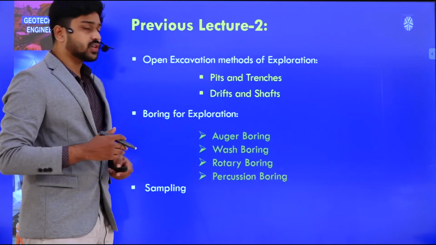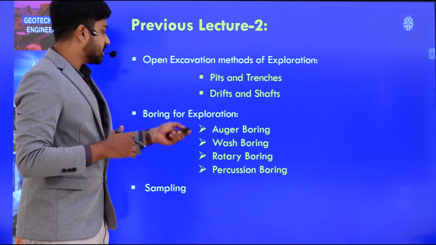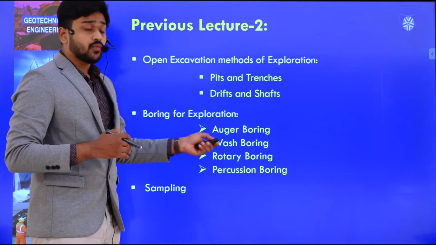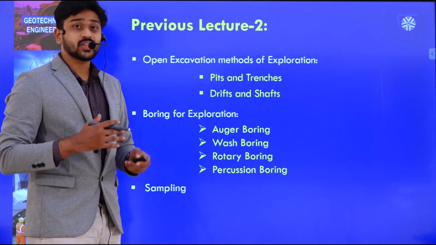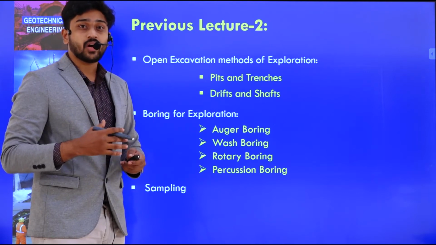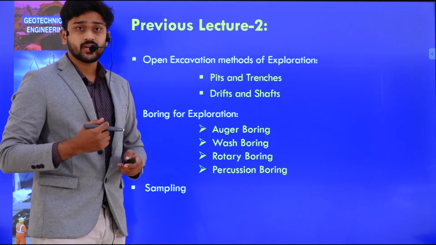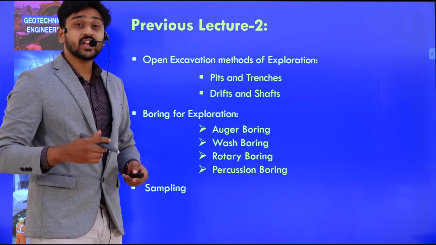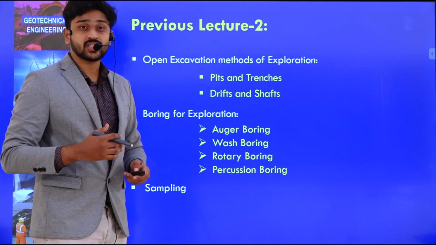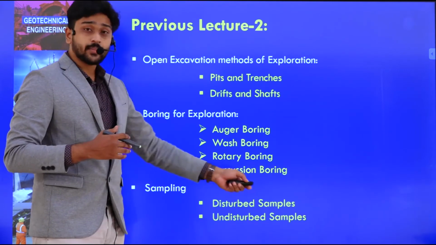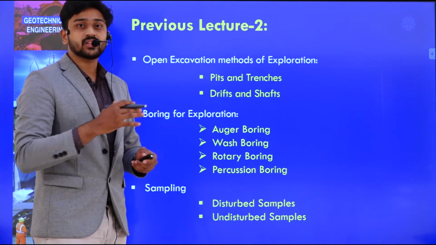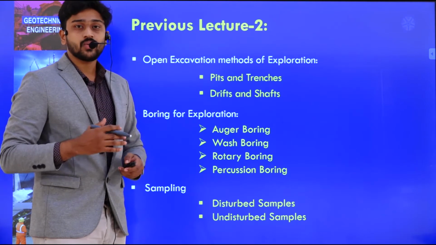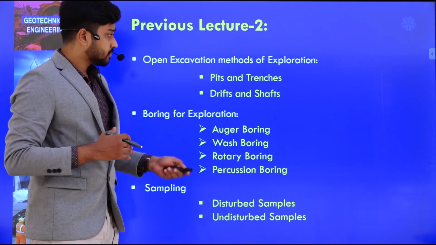Then we understood the different methods of boring, that is auger boring, wash boring, rotary boring, and percussion boring. These are the different techniques of boring, how we prepare the sample. And finally, we understood the sampling procedures, that is the disturbed sample and the undisturbed sample. So we have understood the outline of soil exploration. Let us now try to understand more in detail.